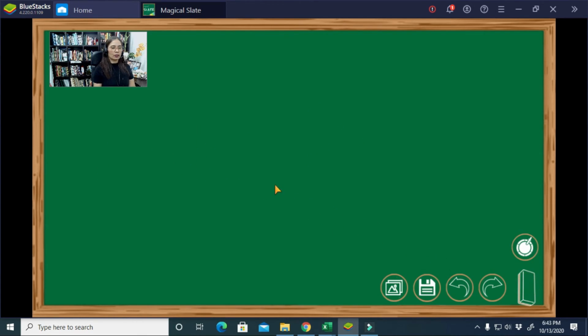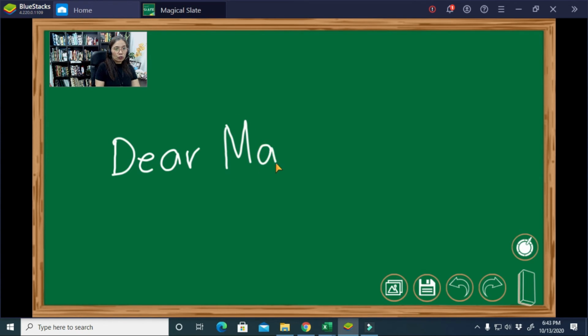Alright. Another example. What about dear madam? Dear madam. Okay. Same rule as in dear sir. We only have to get the beginning letters, the D and M. So, therefore, upward T and a forward straight line for M. Dear Madam. It's easy.